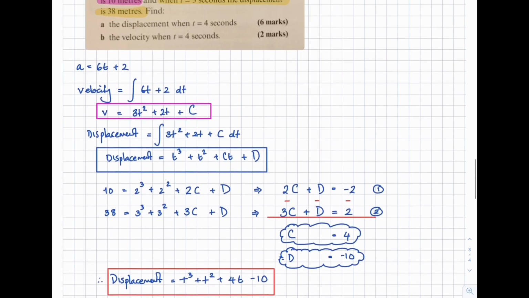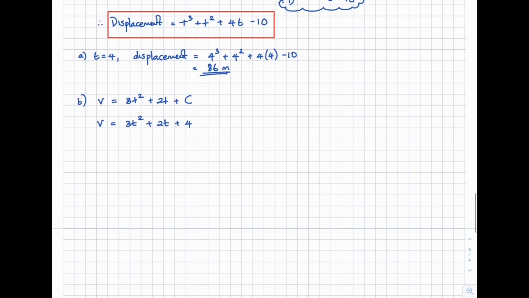And the question was saying find velocity when t is 4. So when t is equal to 4, the velocity v is 3 lots of 4 squared, 2 lots of 4 plus 4.